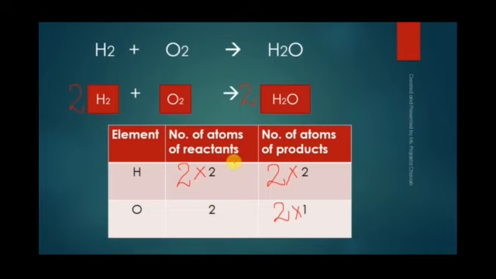The fifth step is we are going to write the physical state of the reactants and the products. Students, by looking at a chemical equation, we should get complete information about the reactants and products, and hence we are going to also mention the physical state in which these reactants and products are present.